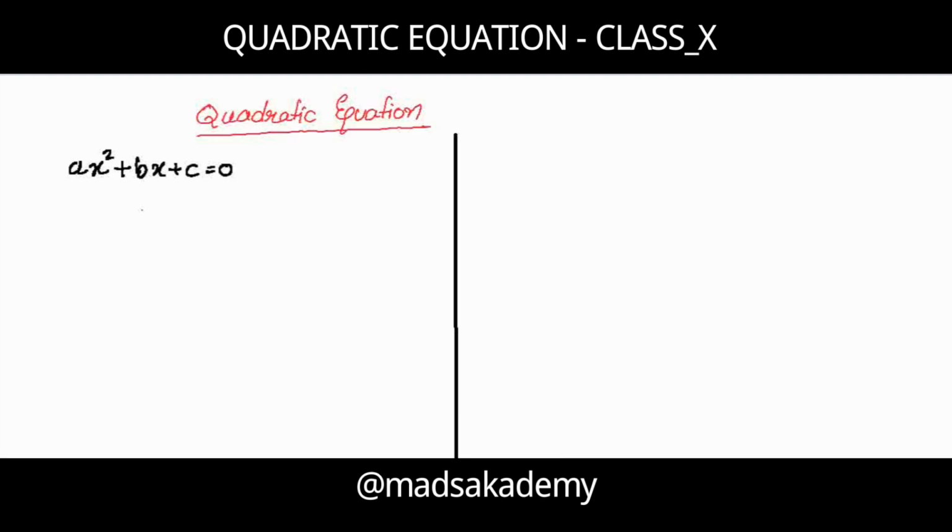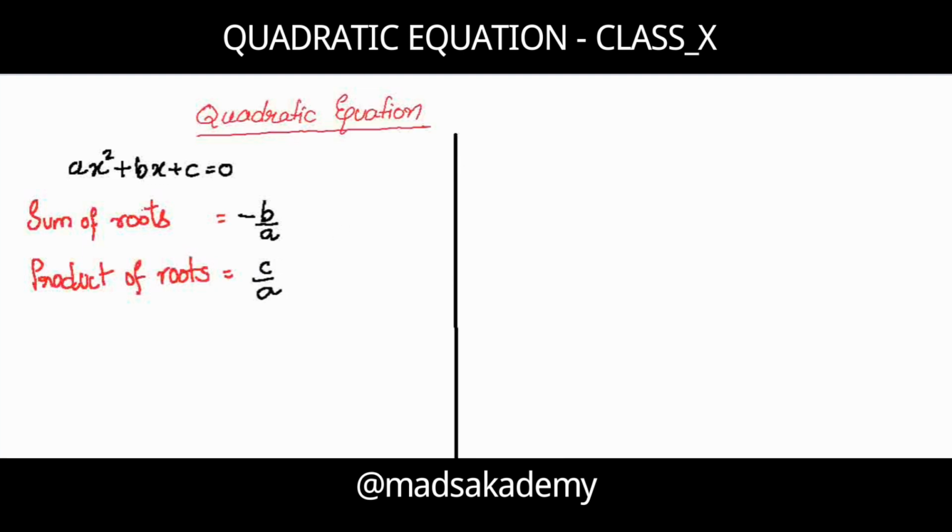Now in today's topic I'm going to explain sum of roots and product of roots. So what is the sum of roots and product of roots of a quadratic equation? Very simple. Sum of roots is minus b by a, product of the roots is c by a.